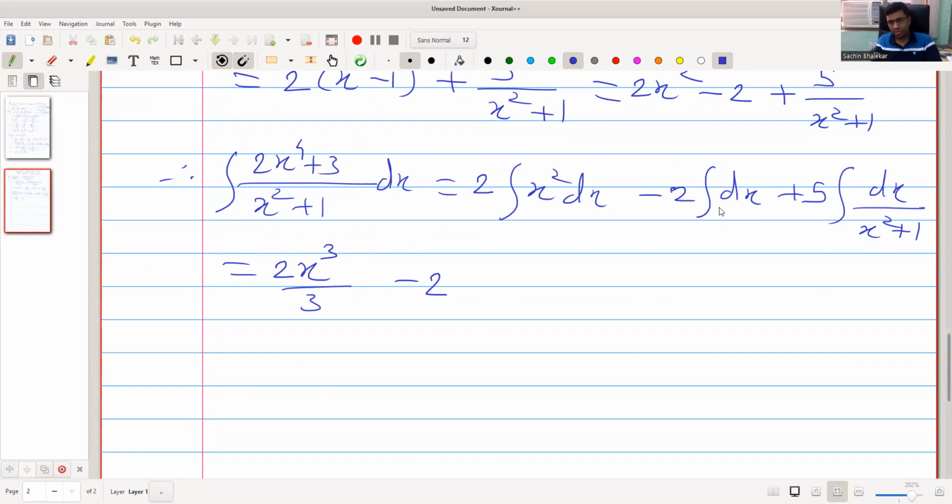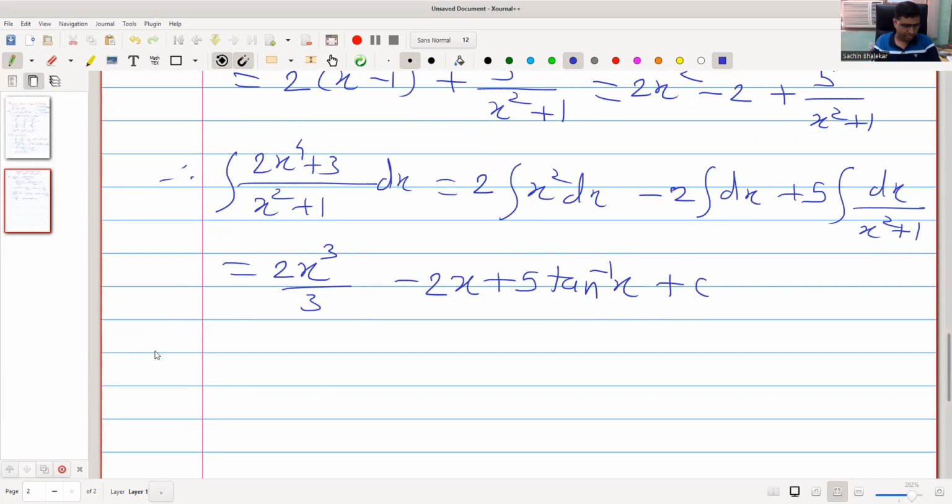X raised to 0 is constant, so integral of 1 is x, plus 5 times integral 1 upon x square plus 1. We just have seen that integral of 1 upon x square plus 1 is tan inverse x. Okay, so tan inverse x plus constant of integration. Okay, so this is required answer.